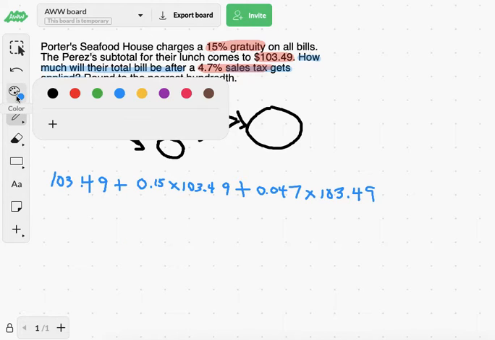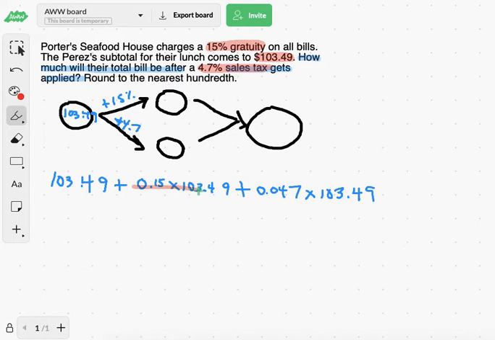Okay, so just to be clear, this is the gratuity, which is going to go here. Okay, and this is the sales tax, which is going to go here.